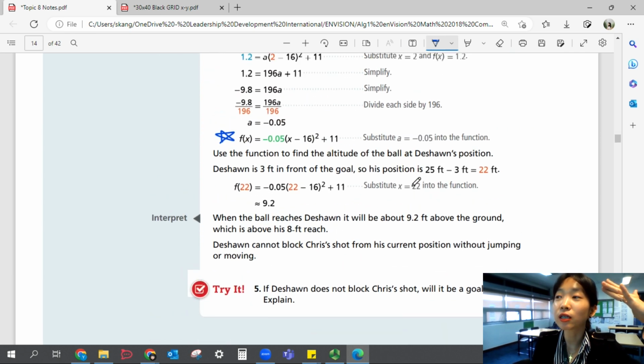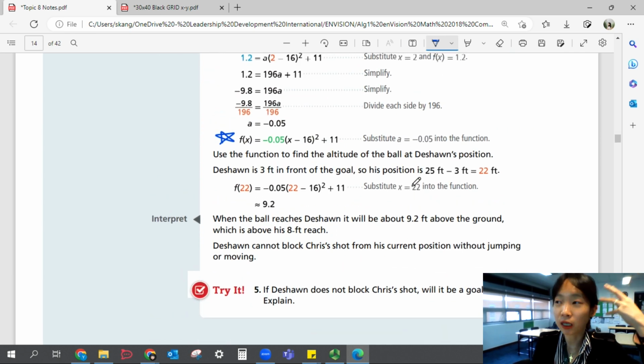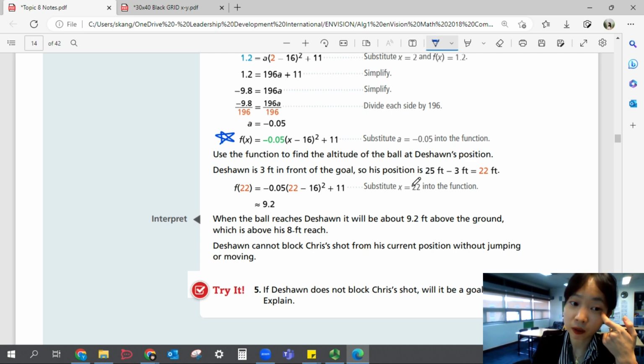So the ball is actually going to be above his reach. So when the ball reaches Deshaun, it'll be about 9.2 above the ground, which is above his 8 feet reach. So he probably wouldn't be able to block Chris's shot from his current position without jumping or moving.